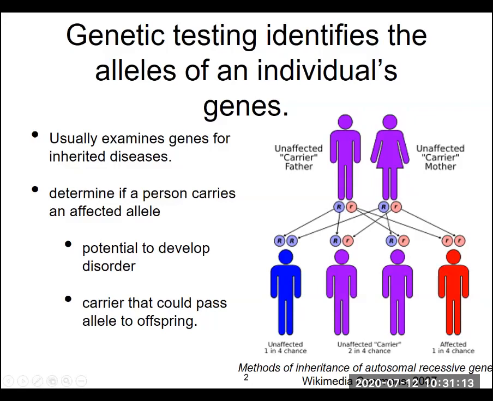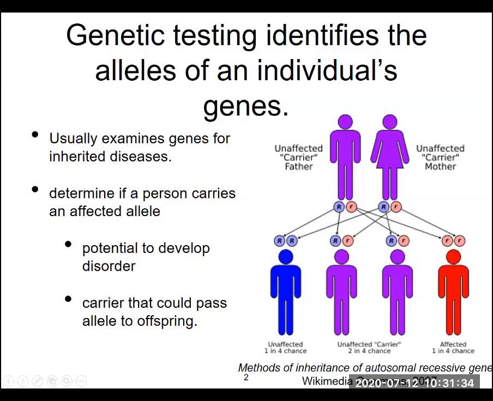And then finally, we've got this person over here that received that altered allele, that altered information, from the mother, and they received that altered allele from their father. So in this case, they've got both copies of that genetic information altered.